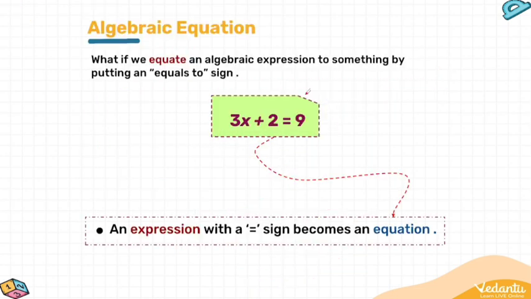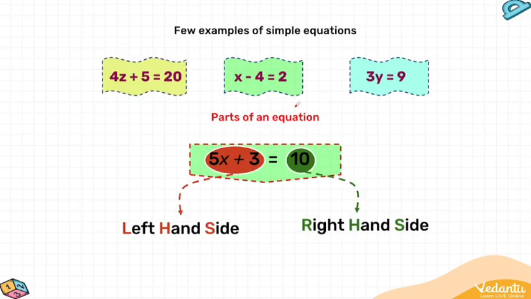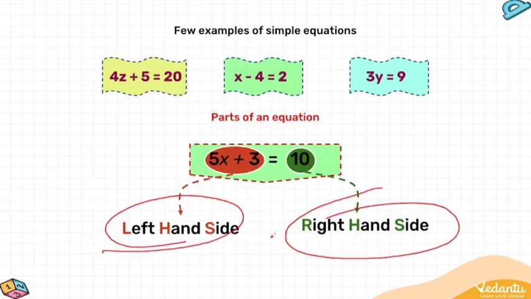So an algebraic expression becomes an equation when we put an equal sign and show something on the left hand side and something on the right hand side, and the left hand side and right hand side are bridged with an equal sign.